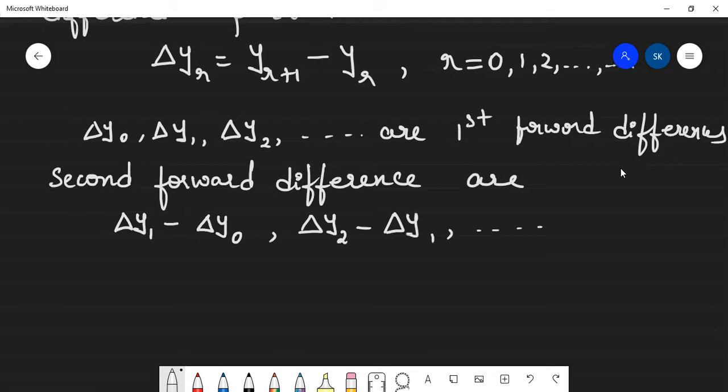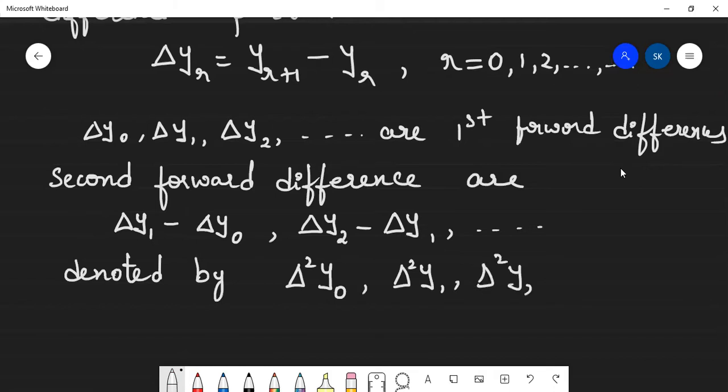They are denoted by delta square y0. If you are writing a minus b, the right hand term only. Delta square y0, delta square y1, delta square y2, and so on.